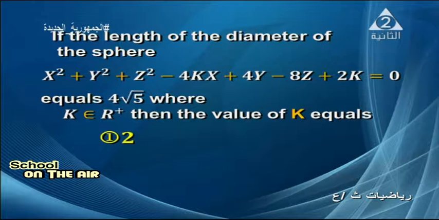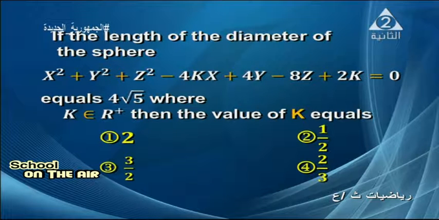Choose the correct answer: k equals 2, k equals 1/2, k equals 3/2, k equals 2/3. Remember, my dear student, the length of diameter is 4 root 5. What is r? 2 root 5.